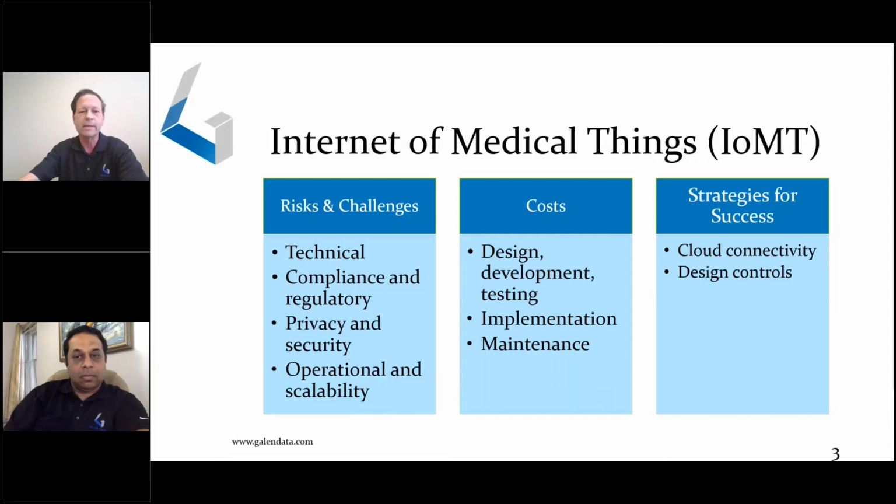The parenthetical statement there is the cloud becomes part of your medical device, and that must be considered. Privacy and security concerns, and then finally, operational and scalability matters. The cost of design, development, testing, implementation, and maintenance is also a key consideration. So today's webinar will present a cost-effective and time-efficient approach for medical device manufacturers to overcome these issues.